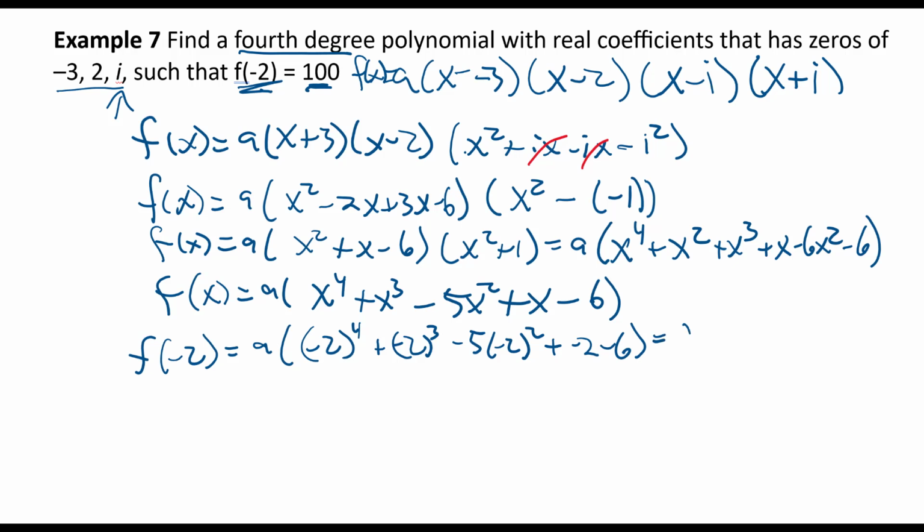And that's going to be a times, let me get my calculator out here and see what that's going to be. And I get negative 20. And that is supposed to equal 100. So if I divide both sides by negative 20, a must be negative 5.